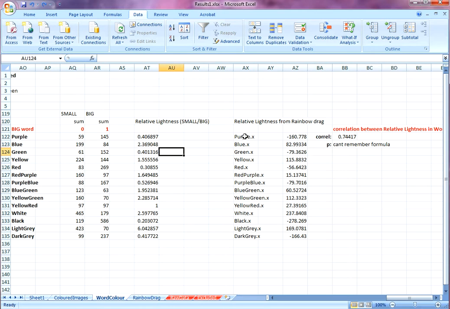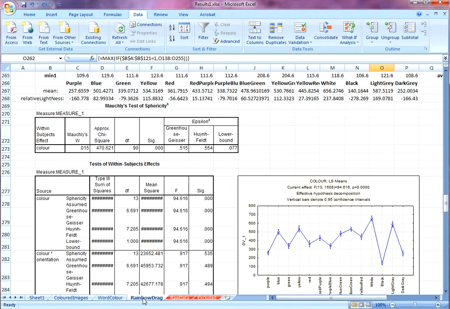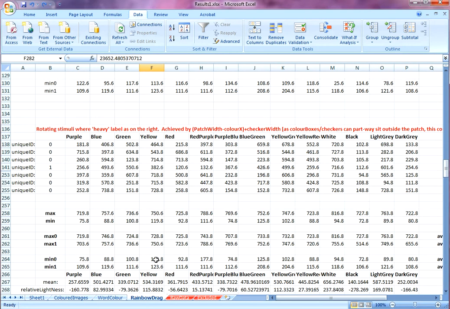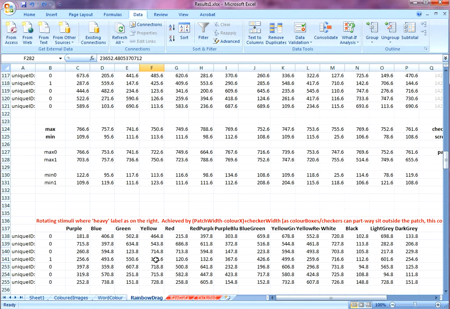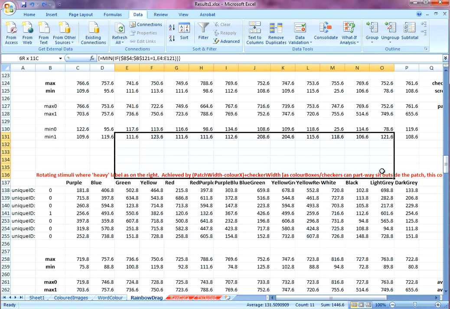Let's quickly look at the rainbow drag, how I computed this index. I did something similar in the rainbow drag. So recall in rainbow drag, people drag the colours over a bar. We have a box, and people put, for example, light colours here and heavy colours here.